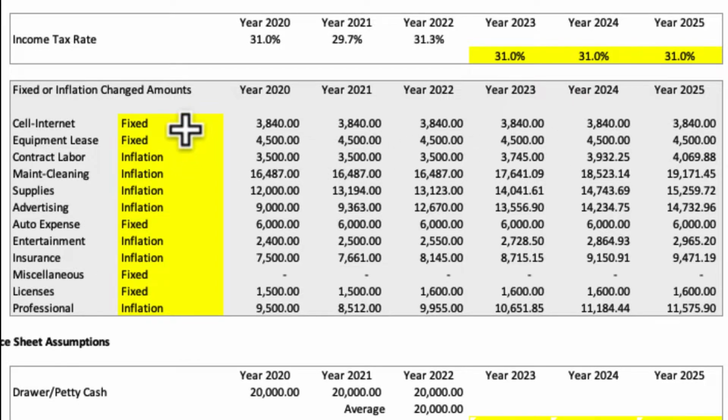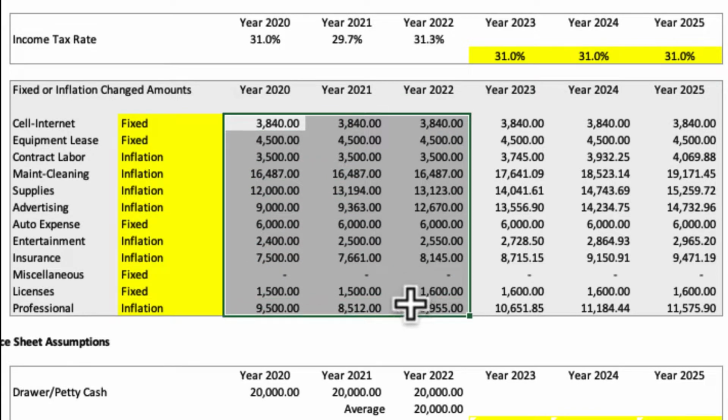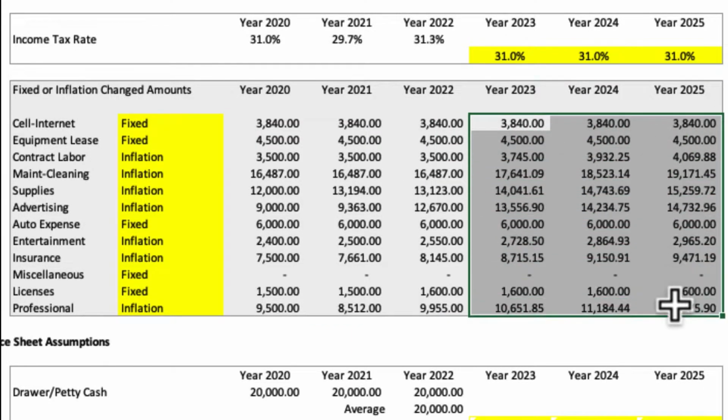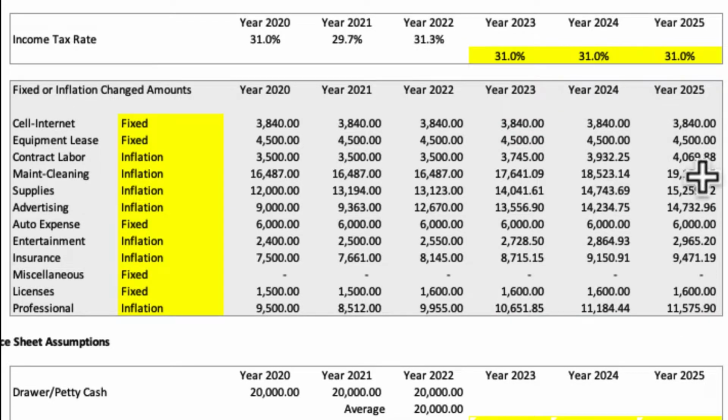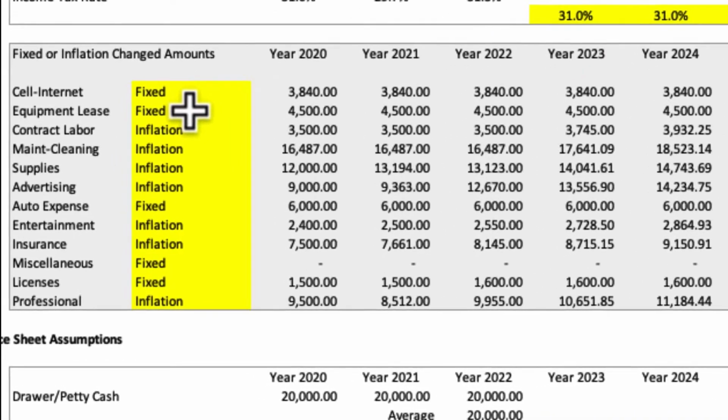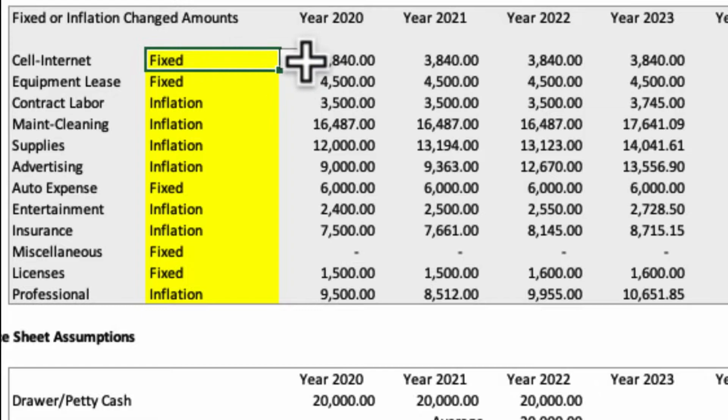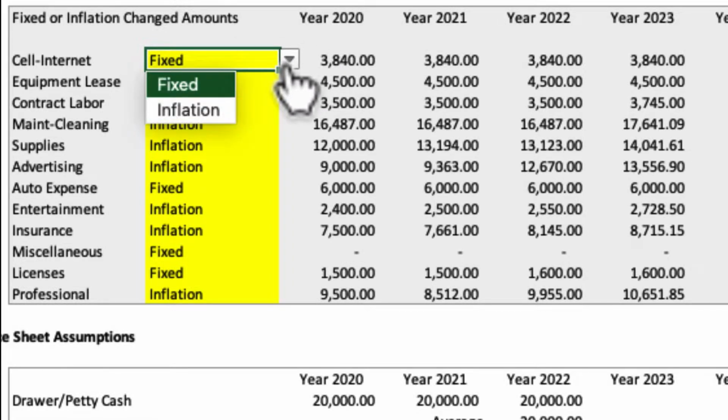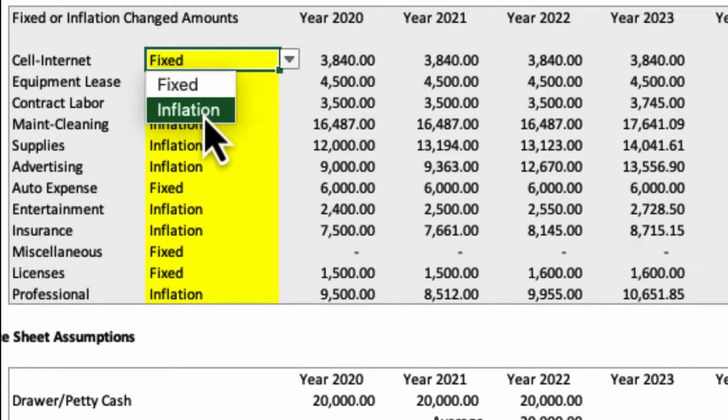So the way I have this, it pulls in the historical numbers for the 3 historical periods, and then in these following 3 years, it uses a formula based on whether it sees it as a fixed item or it's going to grow by the rate of inflation. And if I wanted to change one of these, I can just click on here, and where it says fixed, I click the drop down box. Maybe I change it to inflation, and then the numbers will change accordingly.